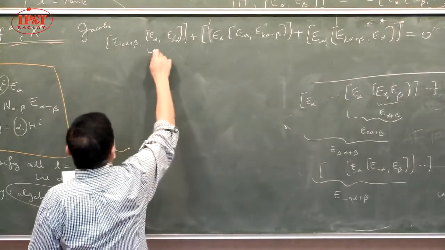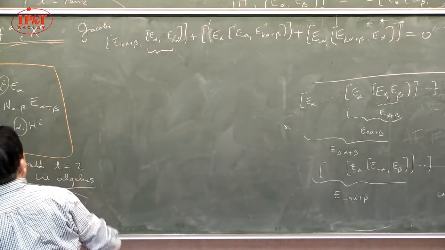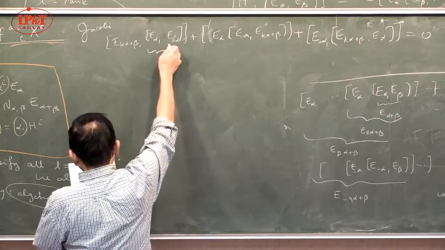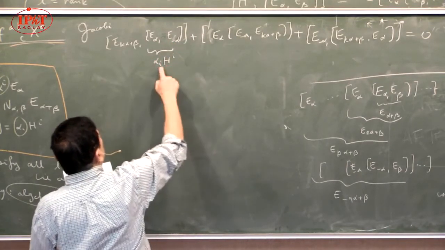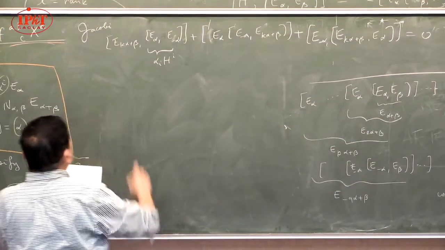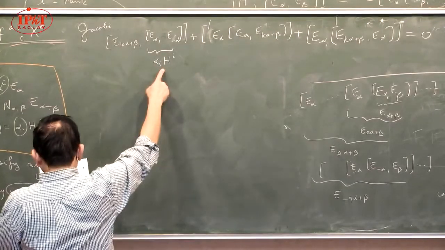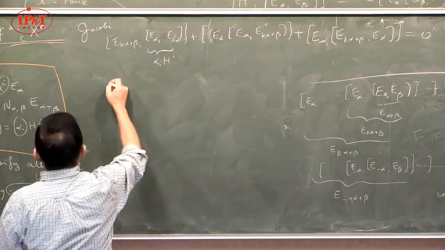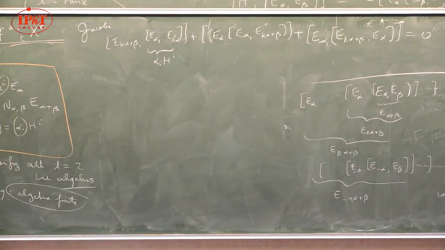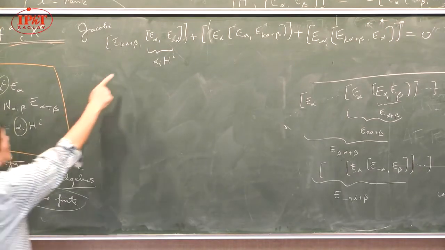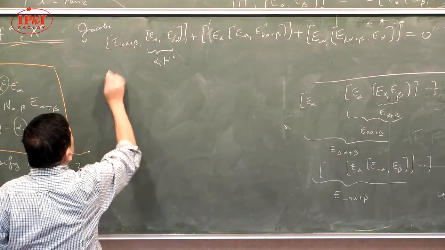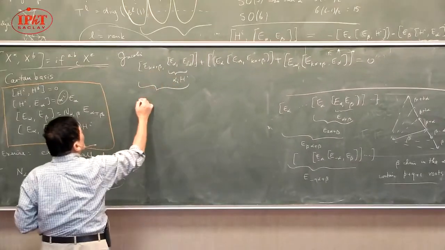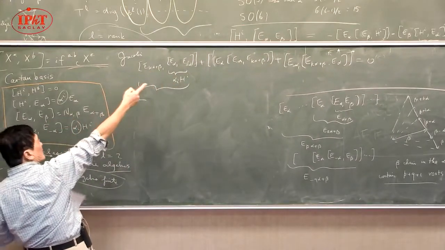Well, we know what this is from here. E alpha E minus alpha is just alpha I H I, in which the I is summed over. And then this one with that one is given here. The E with the H is given here. So it is first a minus sign, because it's in the opposite order.